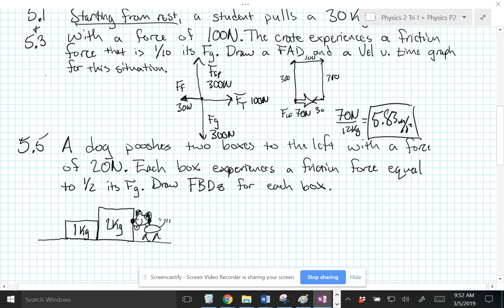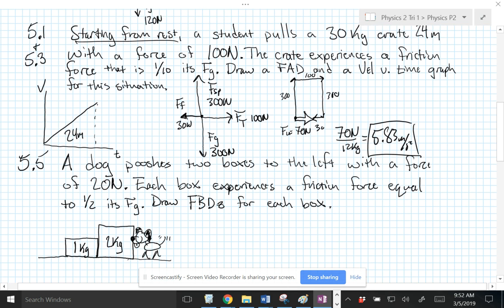This thing starts from rest again. So my graph's going to go like that. Looks like that. This area is 24 meters because that's how far it goes. That was up above somewhere. And my acceleration is 5.83. That's the slope of this thing. Okay?